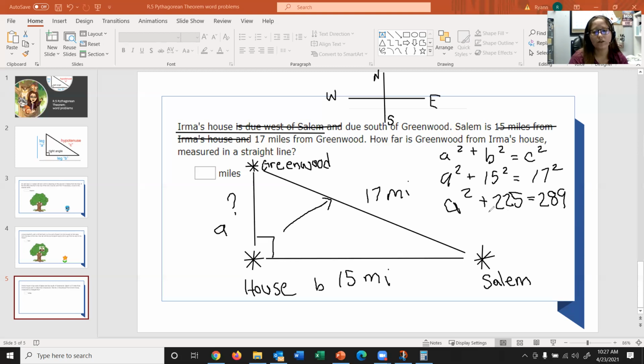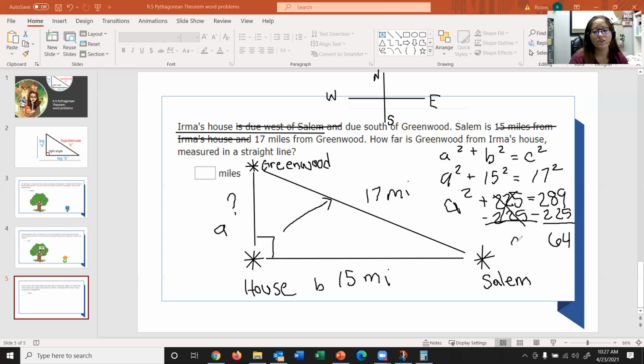Instead, we're going to do the inverse. We have a positive 225, so we want to get this to the other side of the equal sign by subtracting it from both sides. This side will cancel for us, and then 289 minus 225 is going to give us an answer of 64.